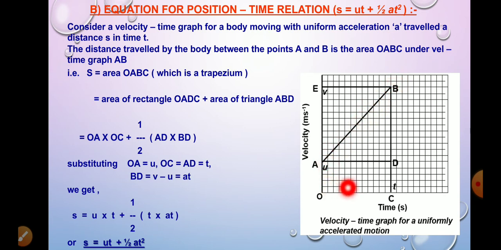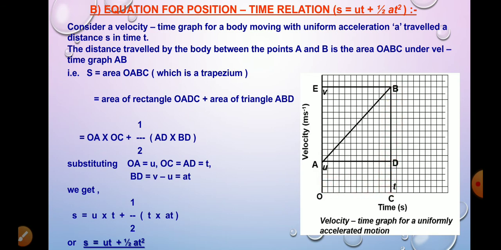If we take the area under the slope, that is OABC, it gives us the distance travelled with respect to time t. So S is equal to the area OABC, the area under this graph, which gives us the distance travelled by an object.